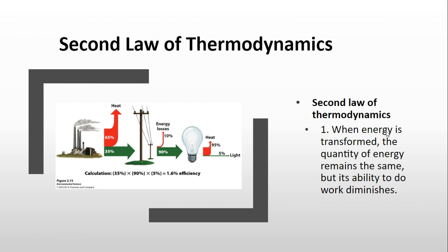The second law is that when energy is transformed, changed into different forms, that quantity of energy remains the same, because recall, we can't destroy it, but its ability to do work diminishes. And so the second law of thermodynamics tells us that as we increase in trophic levels, we're also going to increase in entropy, or disorder.